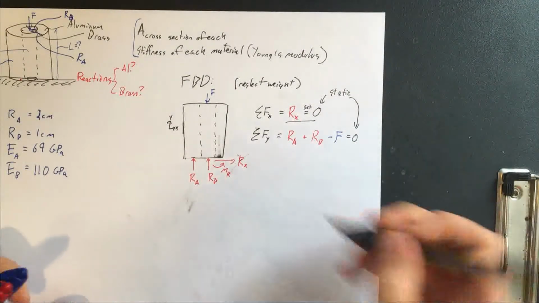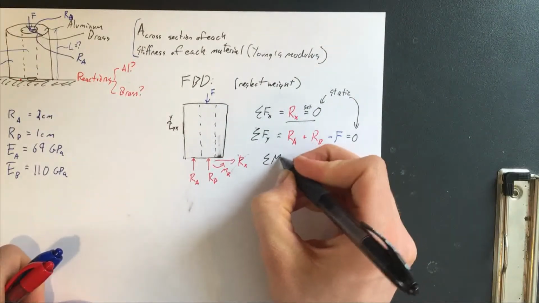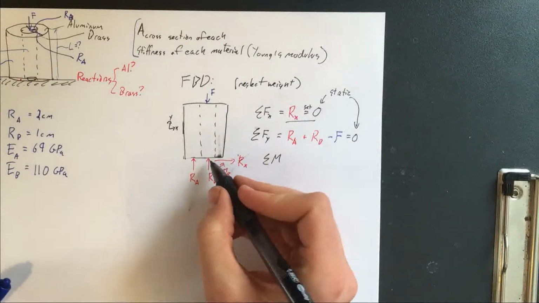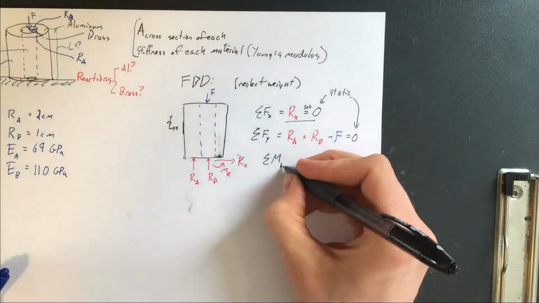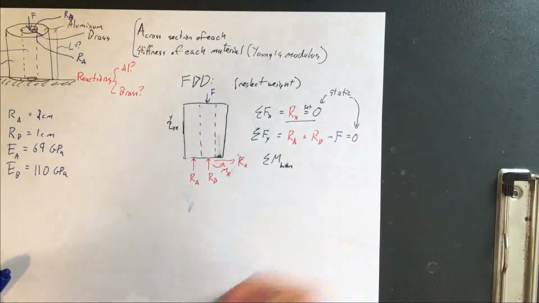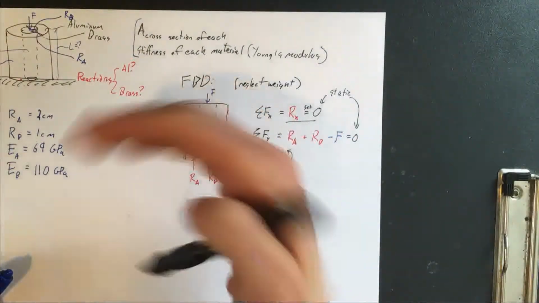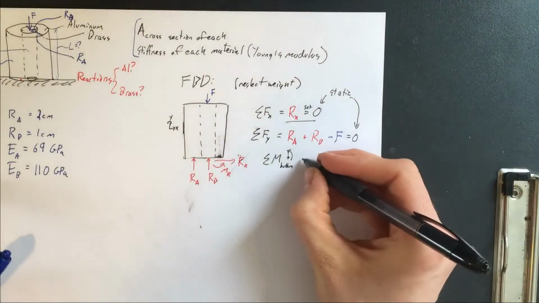Okay, and then the last thing we can do is sum moments. We'll sum moments about the bottom, and we'll set our typical counterclockwise positive orientation.